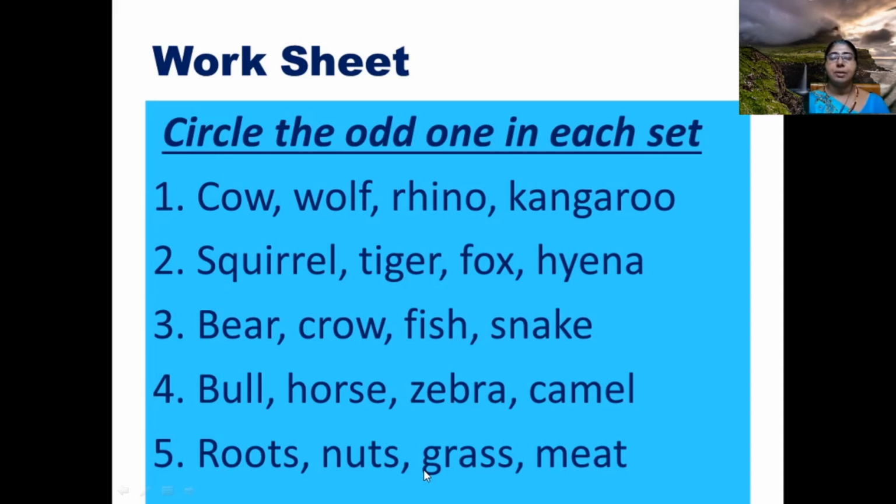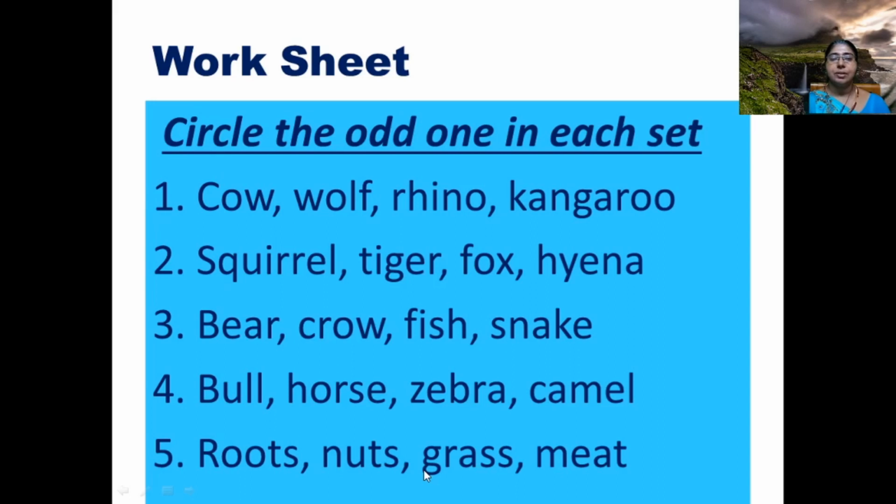Then we have learned about omnivores. Some animals eat both plants and flesh. They are called omnivores. Examples of omnivores are bear, pig, human beings, and hen.